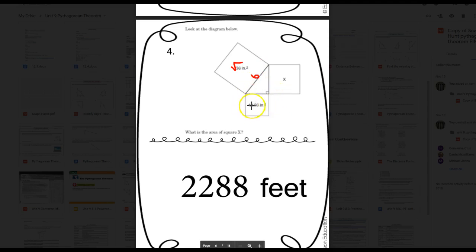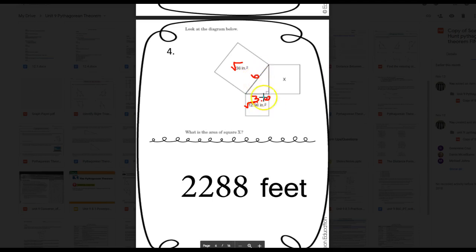In this one here, 12.96, the square root is 3.6. Okay, so if you put the square root of 12.96 in your calculator, you're going to get 3.6.